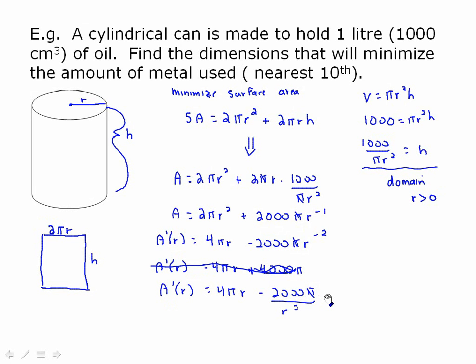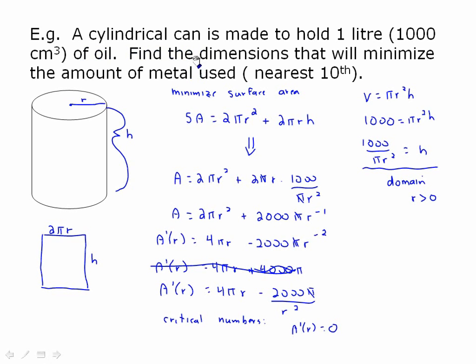So I want to get the critical numbers where A prime at r is equal to 0. And once again, I'm not worried about where A prime at r doesn't exist, because r on the denominator equals 0 is not within the domain.